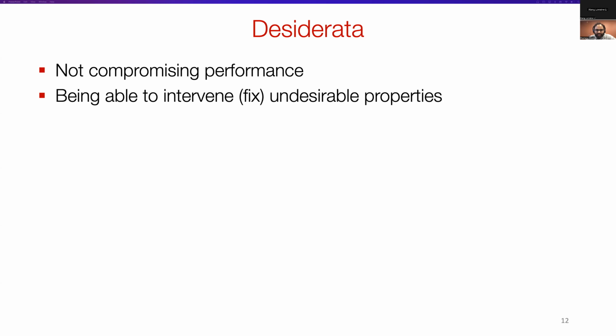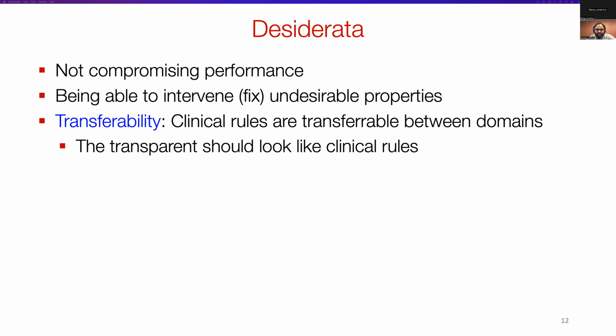The second thing is we want to support algorithmic recourse, or we want to intervene and fix the undesirable properties. And the third thing is transferability. For transferability, we mean that we want to extract some clinical rules from these transparent models, which will be domain invariant, so that these models can be transferred from one domain to another.